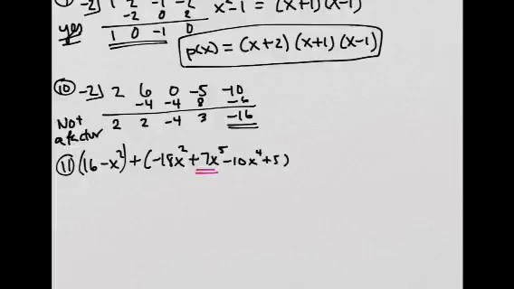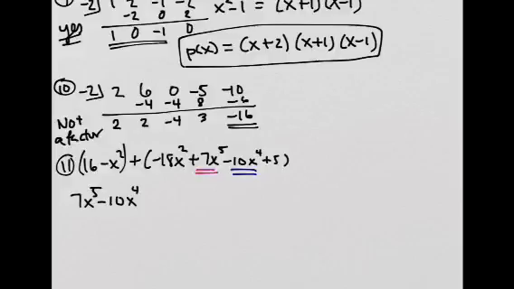So then I just bring down 7x to the fifth. And then the next one down is x to the fourth. So again, this is the only x to the fourth right here, so I'm just going to write it down, minus 10x to the fourth.